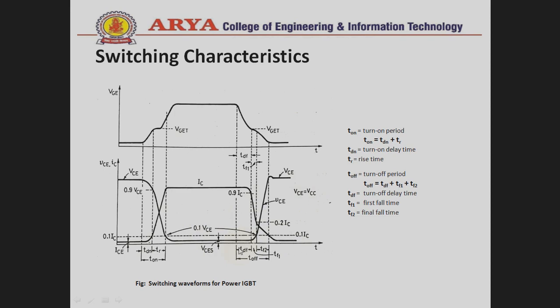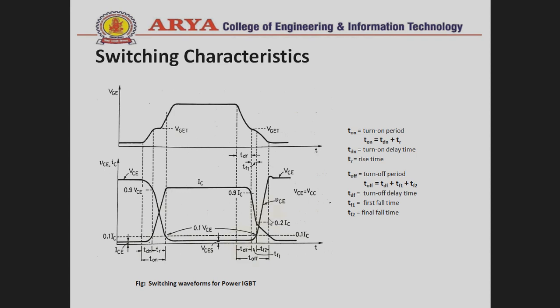In the T-off time period, we apply a negative gate voltage. The time during which the gate voltage falls from VGE to the threshold voltage is known as TDF, the delay fall time.